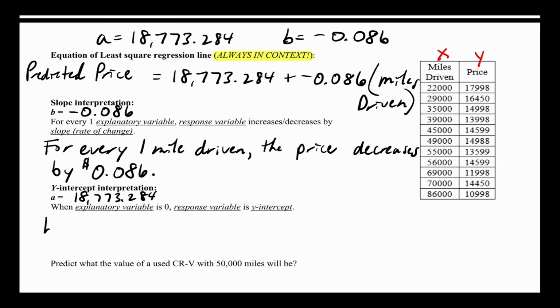So when explanatory variable, what's the explanatory variable here? When miles driven is 0 or equals 0. Response variable, what is the response variable? Price is that number.